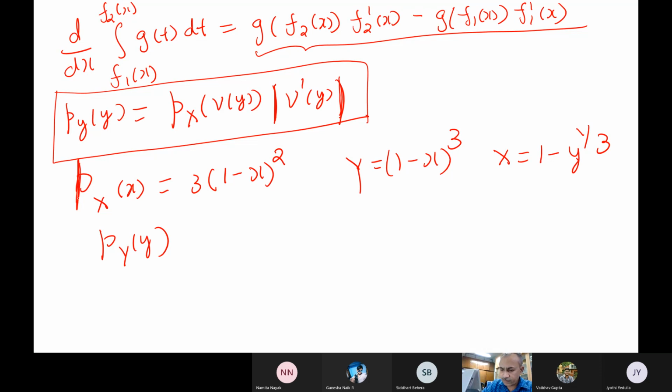The density function of x is given and the relationship is given, so use this expression. Calculate and tell me the value. You can easily find v'(y) also.